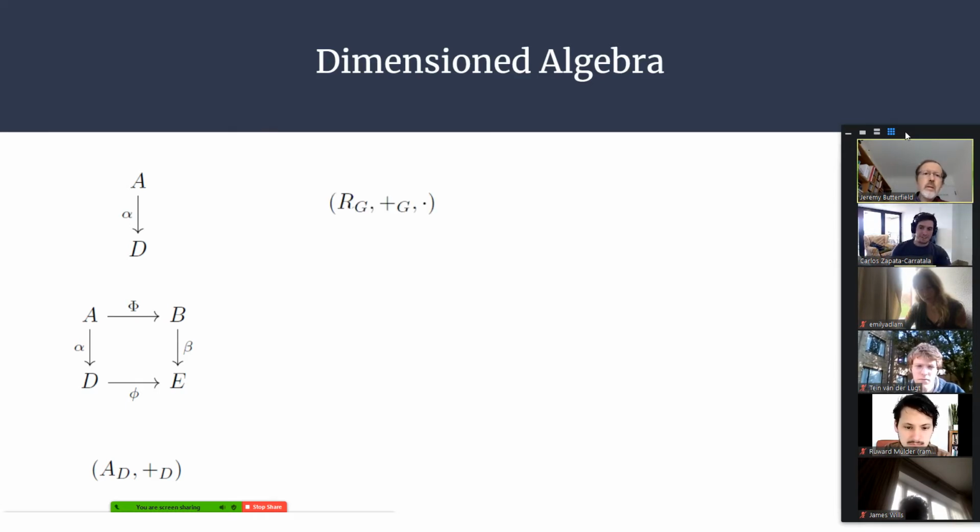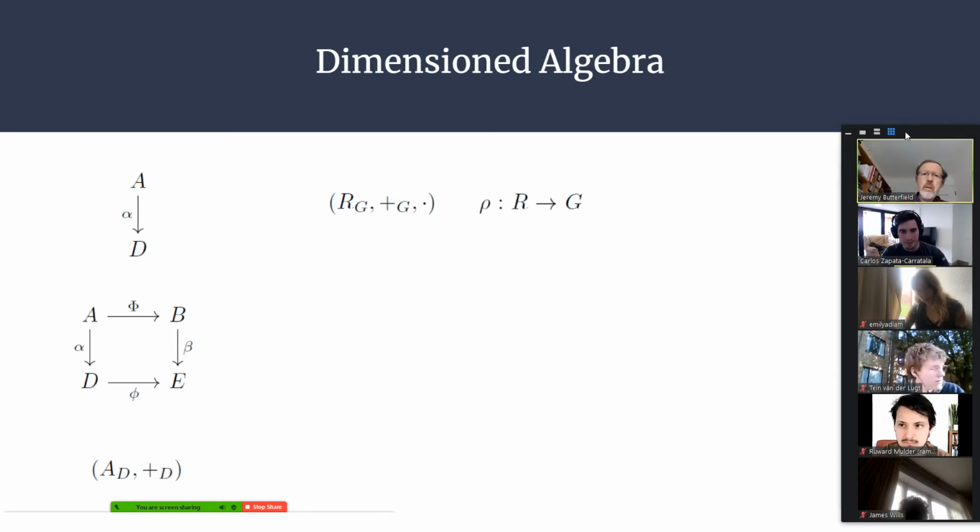So let me consider a dimension set G with partial addition, making it into an abelian group, or in this context, a dimension abelian group.